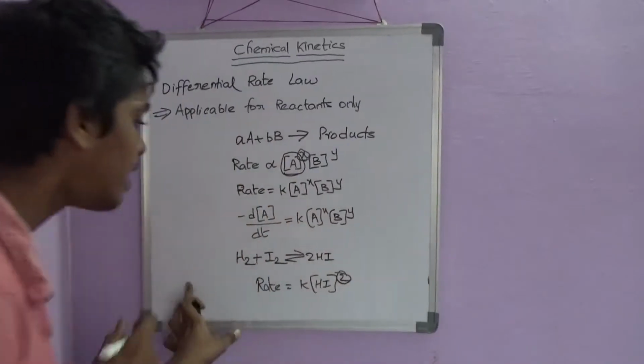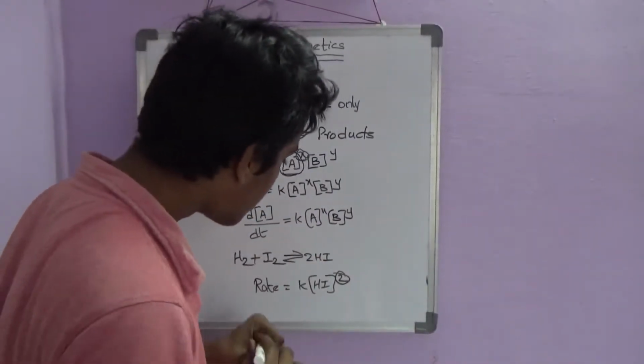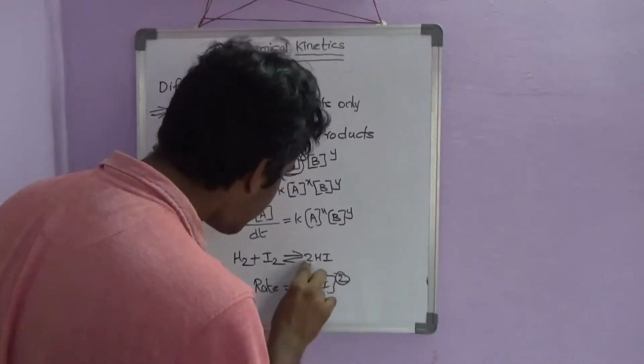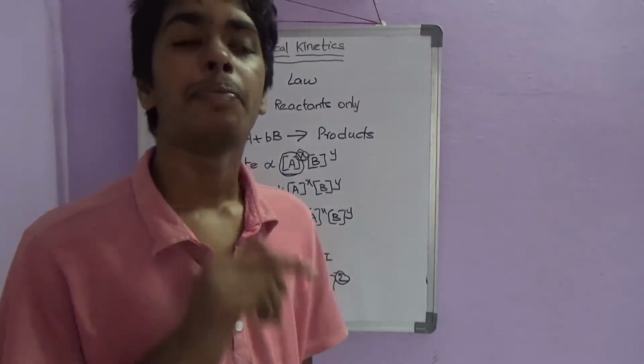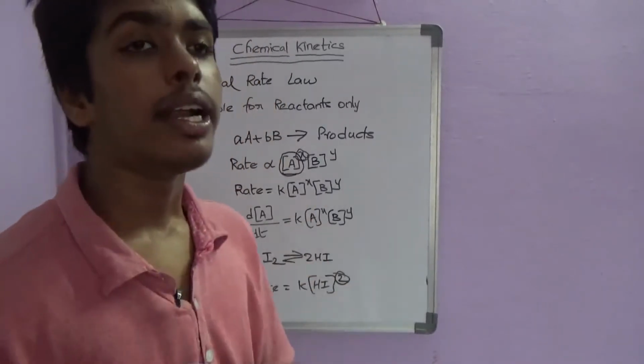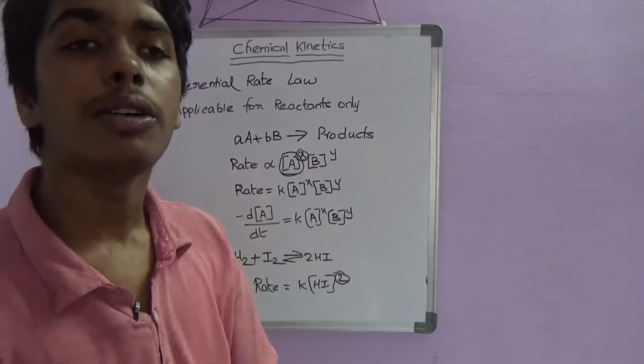As you see here, the power is equal to the stoichiometric coefficient. So as you see, the power may be the stoichiometric coefficient or may not be the stoichiometric coefficient.